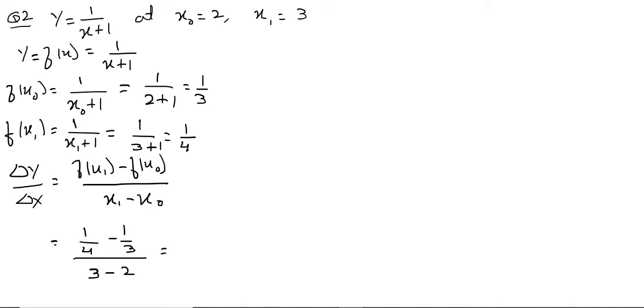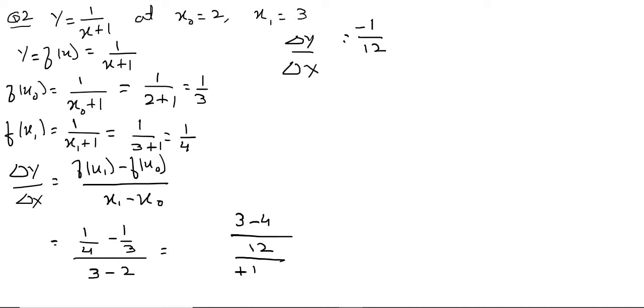Now we are going to simplify it here, that is 12, and 3 minus 4 over 12, this is your minus 1 over 12. So delta y by delta x is the answer. I have written the simplified form of the answer here.